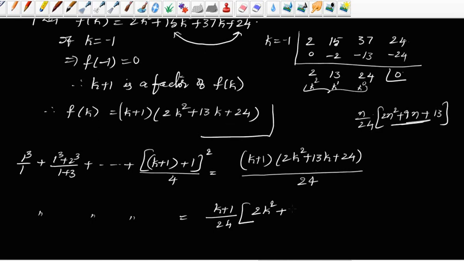So this can be written as 4k plus 9k. Next, 13 can be written as 13 and 9, so we can separate 9k and 13. 13 can be taken here. How much is the remaining? 11.